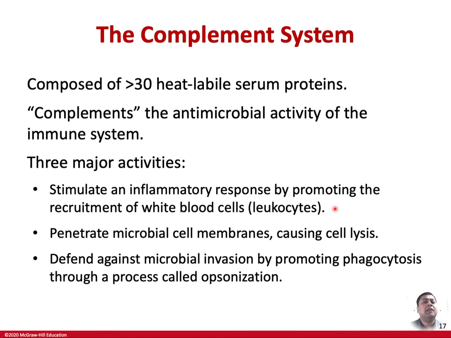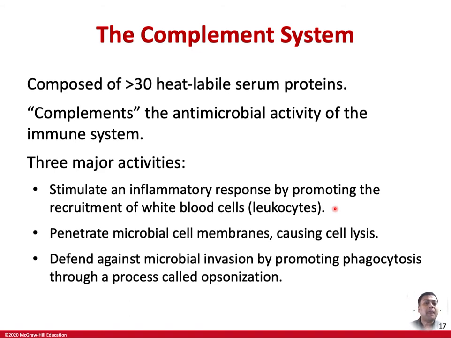That means it is alerting the immune system to fight that specific incident, which could be due to a pathogen or due to an injury or tissue stress. But any of these inflammatory responses are mediated by the leukocytes or white blood cells, and the activation of that is also induced by this complement system, along with the chemicals that we have seen before.